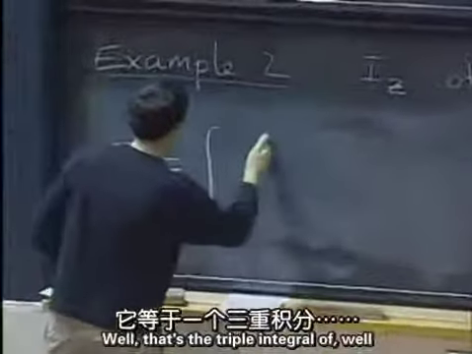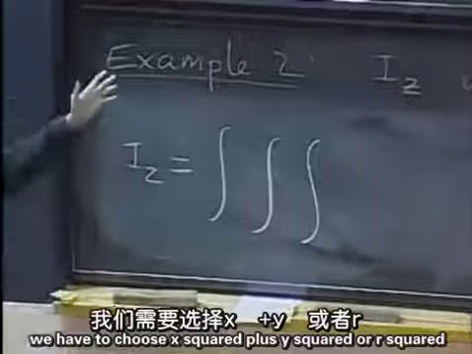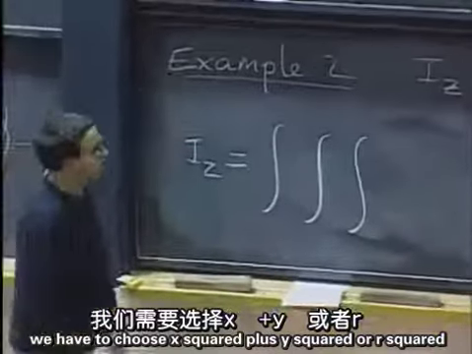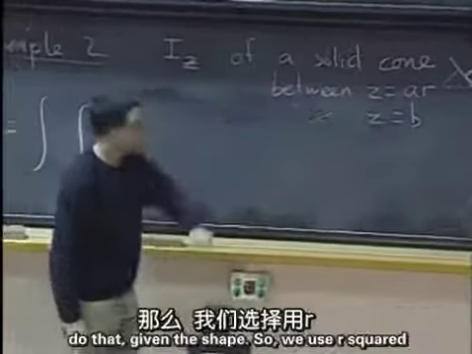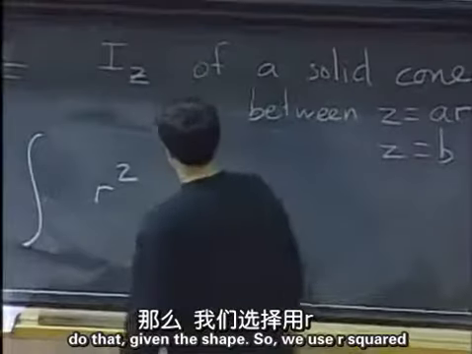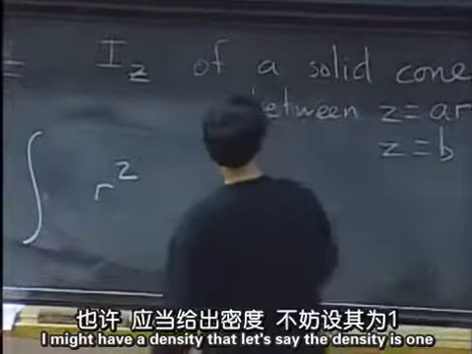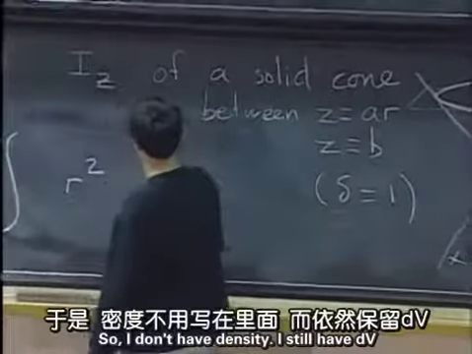Well, that's the triple integral of, we have to choose x squared plus y squared or r squared. I think I want to use cylindrical coordinates, given the shape. So we use r squared. I might have a density, but let's say the density is 1, so I don't have density.